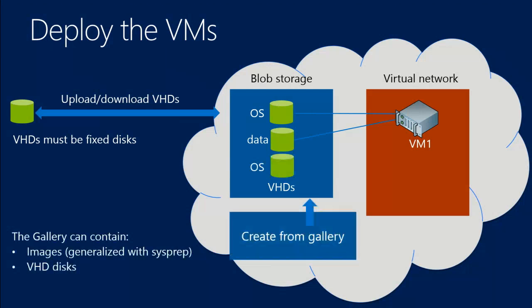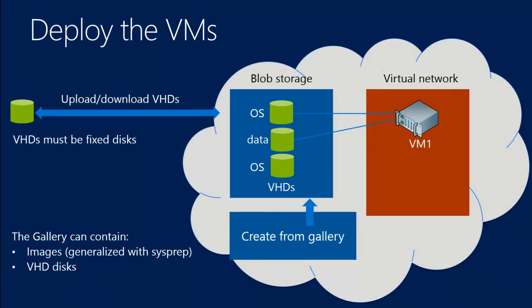And then you can create from gallery. So there are images that you can use yourself. Plus, you could use an image to build your VM. Having built your VM, you can add things to it, not the Active Directory, but other things.